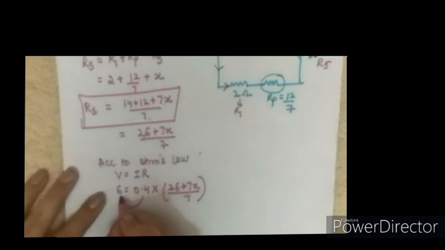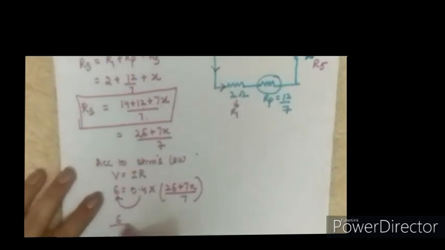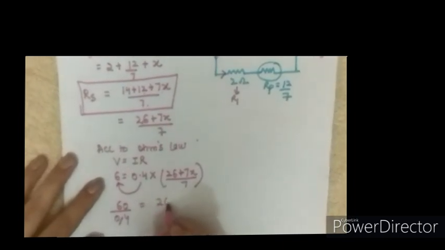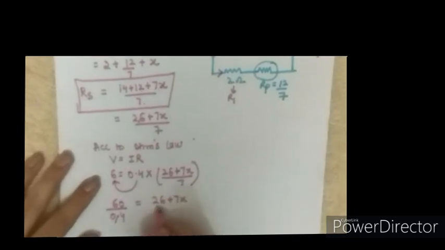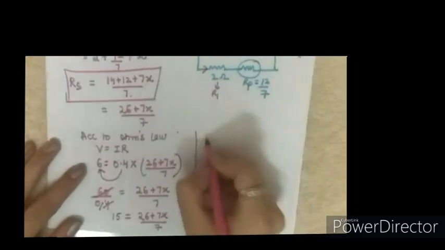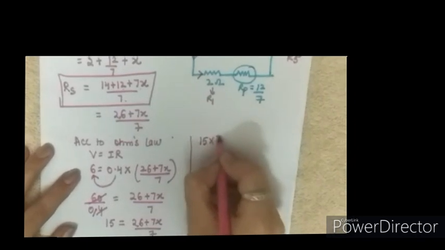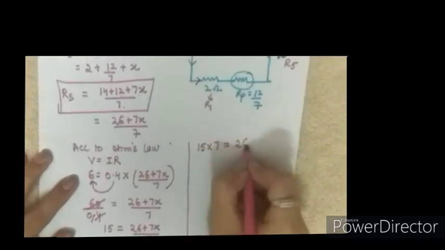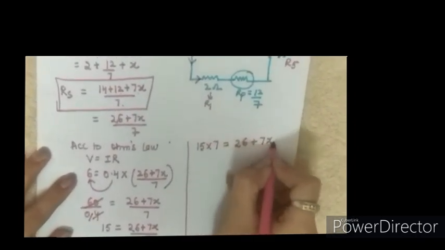Now move this 0.4 over here and remove the decimal. This is equal to (26 plus 7X) upon 7. After cutting, we get 15 is equal to (26 plus 7X) upon 7. Now move this 7 over here. This is equal to 26 plus 7X.